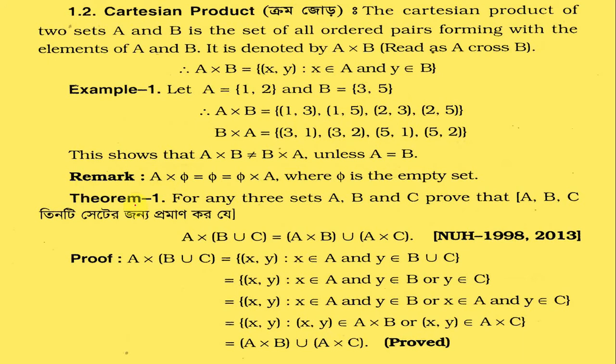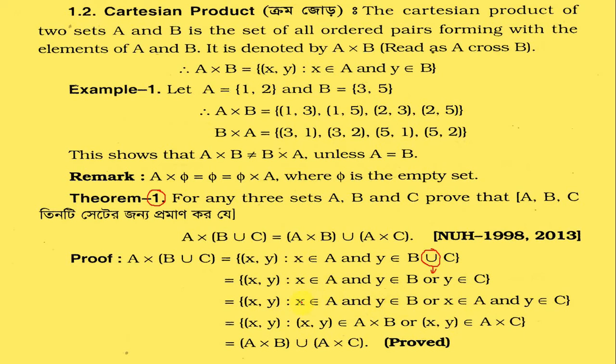Now we will discuss Theorem 1. Theorem 1 states: for any three sets A, B and C, prove that A cross (B union C) is equal to (A cross B) union (A cross C). Let us discuss the proof. A cross (B union C) is equal to {(x, y) such that x belongs to A and y belongs to B union C}. We can write y belongs to B union C as y belongs to B or y belongs to C. Dear students, we know that if there is union, we can write or.